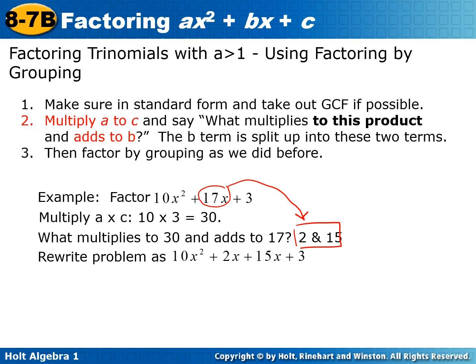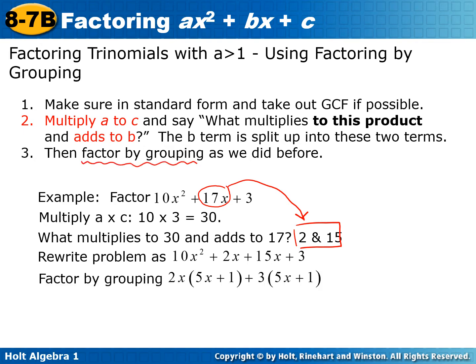Now, in all honesty, it does not matter in what order you put those two terms. I usually tell people to make a decision that's easiest for you. In this case, now that they have 4 terms in their polynomial, they're going to factor by grouping. Okay, so they are going to group these two and these two, and then they are going to factor like we did on Monday.